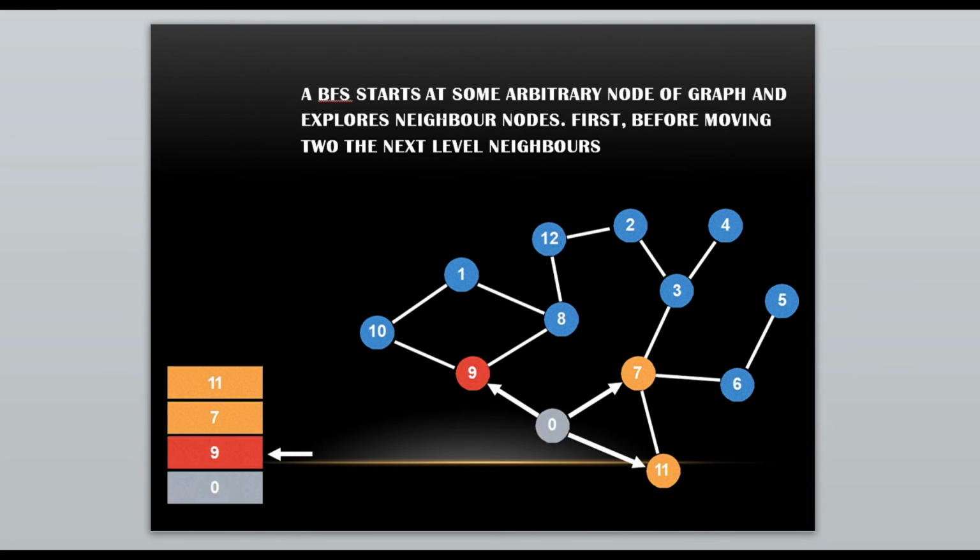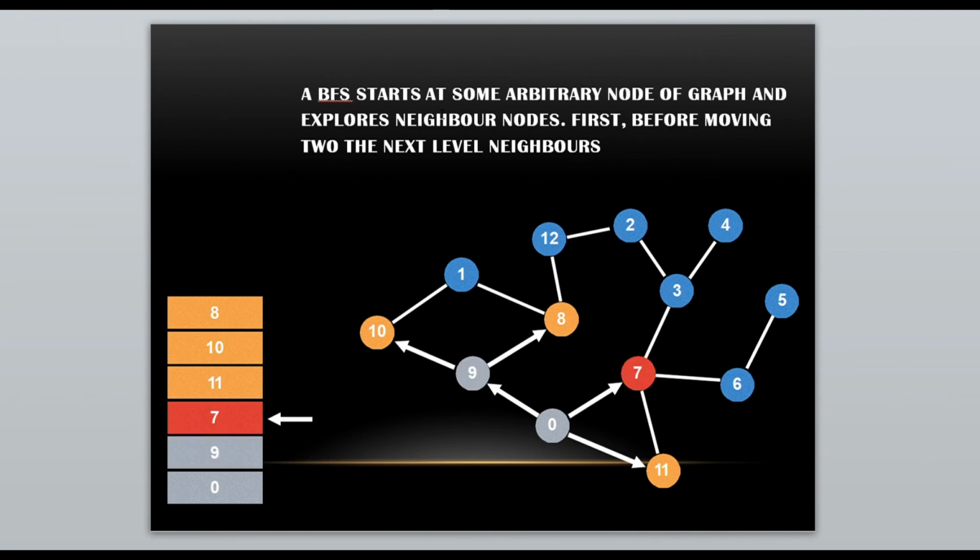That is, the color is gray. Then we move on to 9, the next node of the queue. We add all of 9's unvisited neighbors to the queue, so that is 10 and 8. There are no more neighbors of 9 to visit. Then we move to the next node of the queue, which is 7.